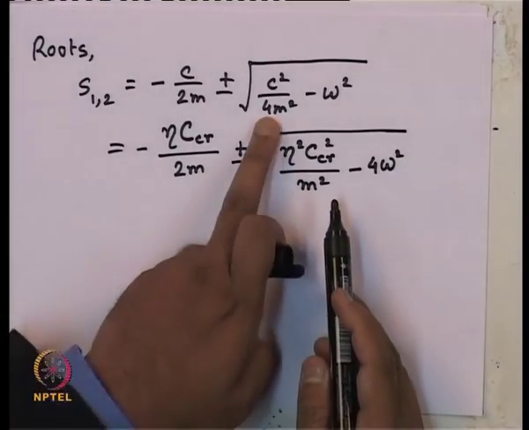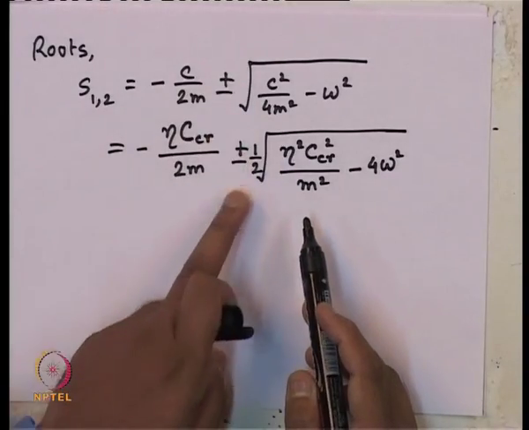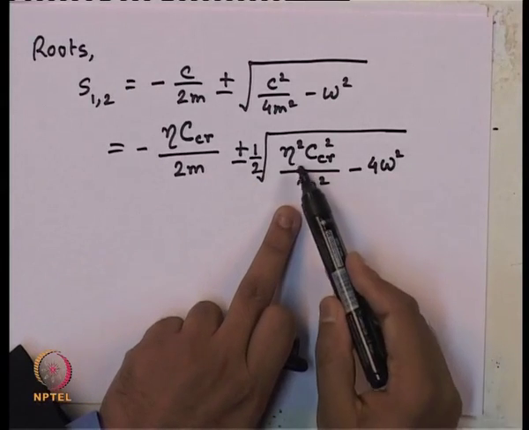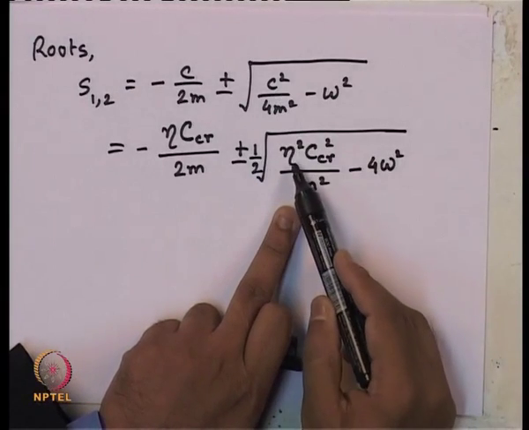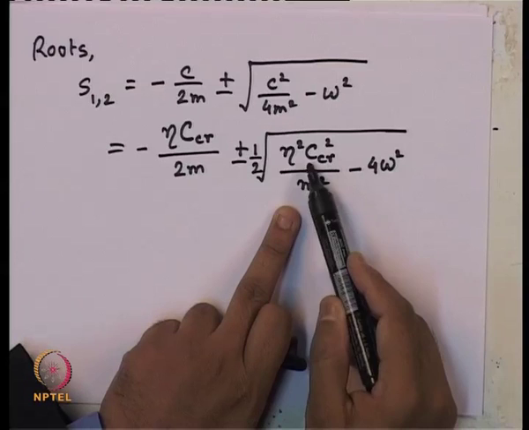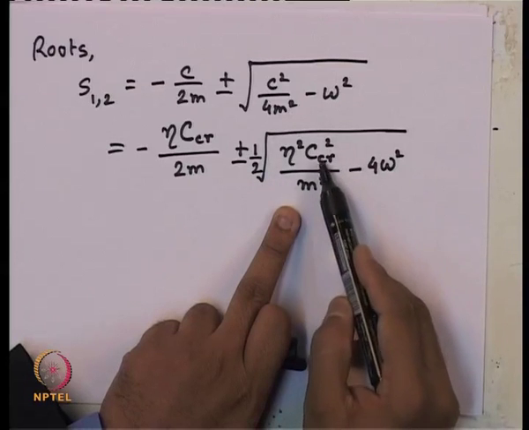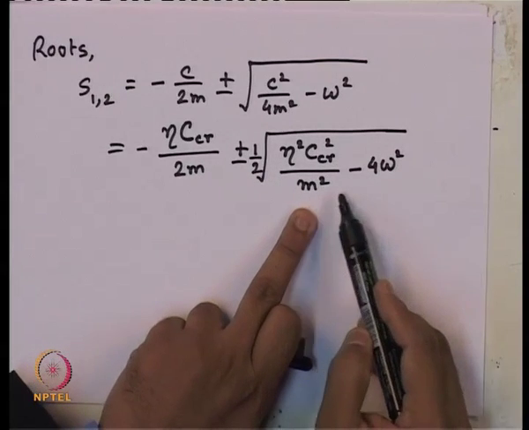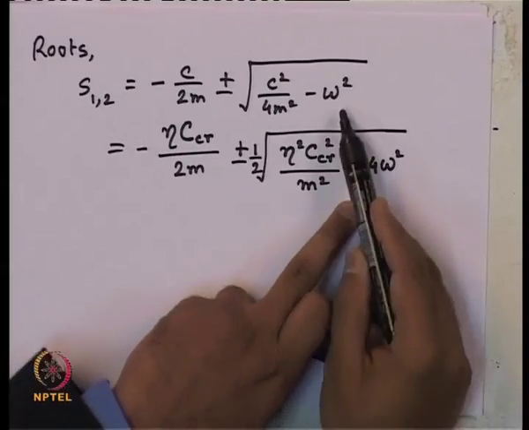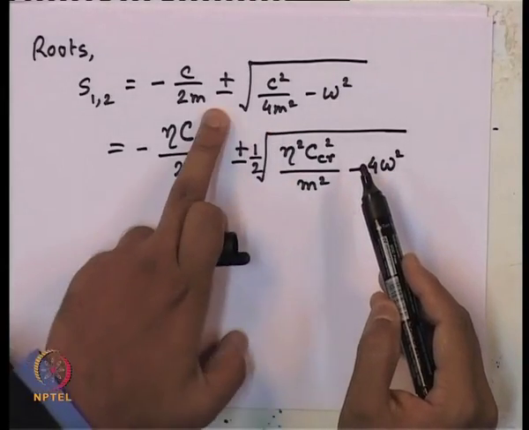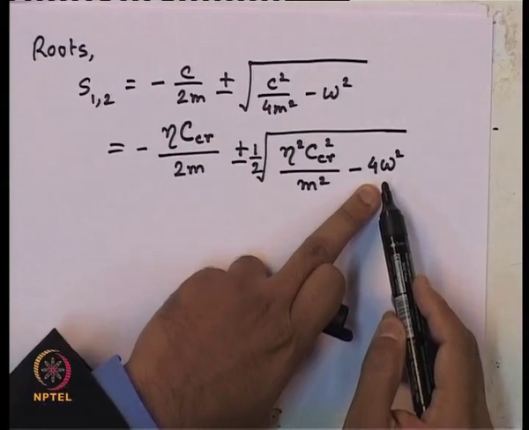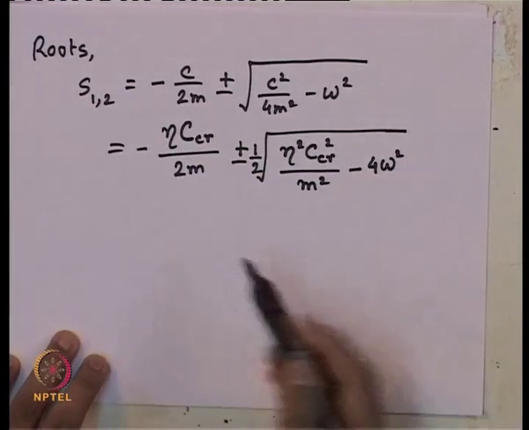Fine. So, half I have taken here. c is nothing but eta times C_CR. So, c square is eta square C_CR square by 4 m square, and as 4 from the denominator we have taken out, minus 4 omega square.